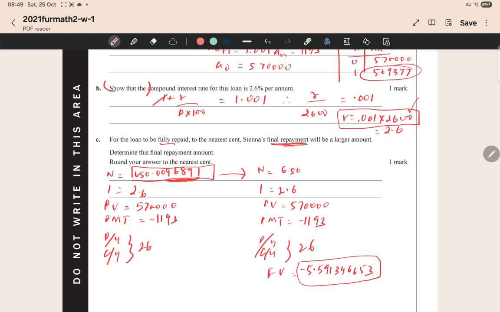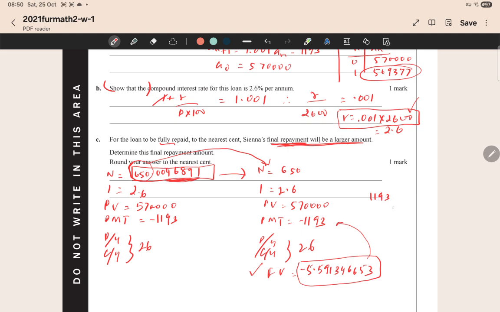If your final repayment has to be a larger amount, it's preferable after you calculate your first value of n to take just the whole number part, as I've done here, calculate what the future value is going to be, and add this value to your last repayment.